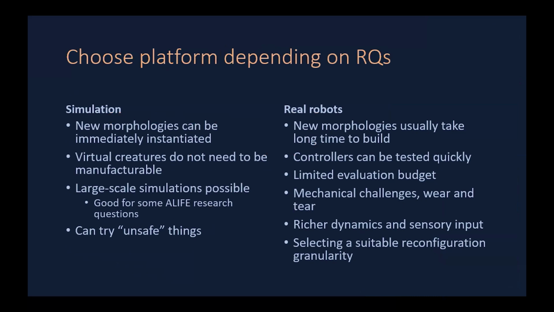So I think it's not that any approach is necessarily better, but it depends on what you want to research and what kind of robots you are looking at. Things like wear and tear, build time, robustness, and so on are things to consider.